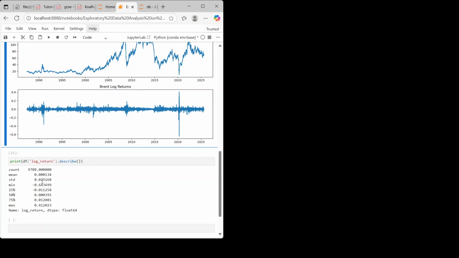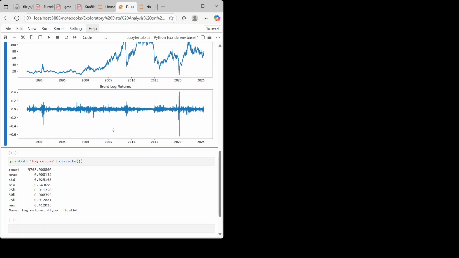And then it also gives us the standard deviation. Like I said earlier, the standard deviation is just the volatility of the daily returns. Since this is daily data, the standard deviation gives us the volatility of these daily returns.